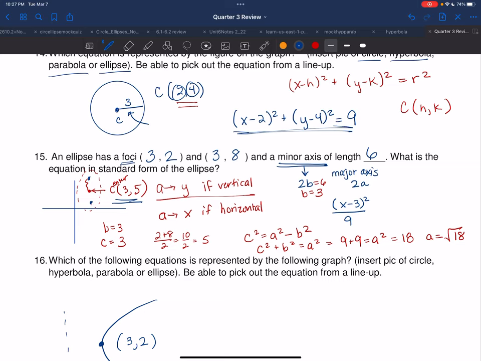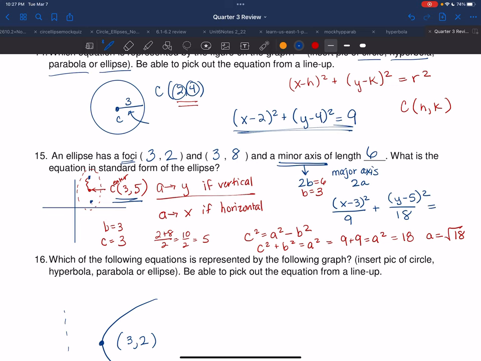And then I'm going to add that to (y minus 5) squared over my a squared, which is 18. And that whole thing is going to equal 1. So this is my equation from the information that it gave me. All right.